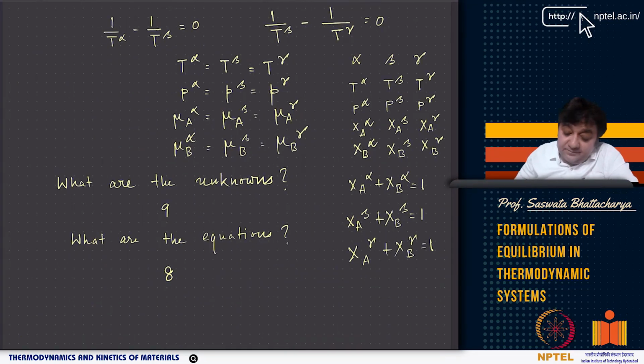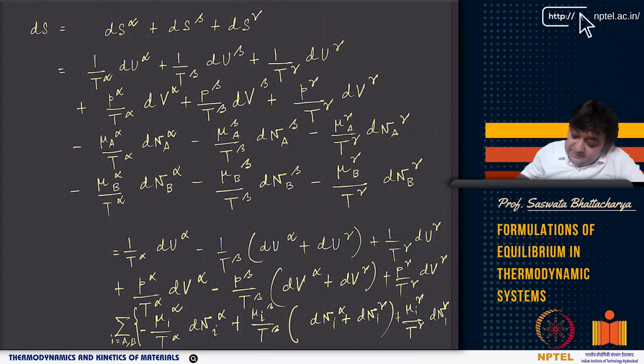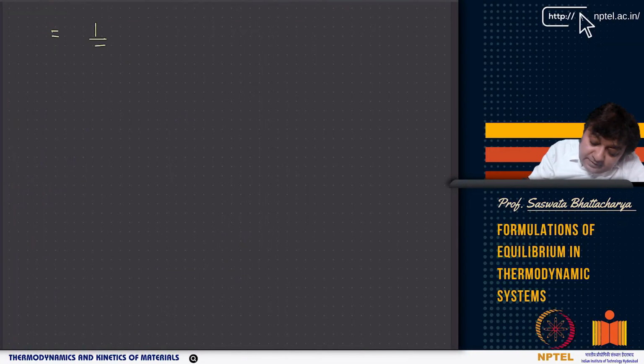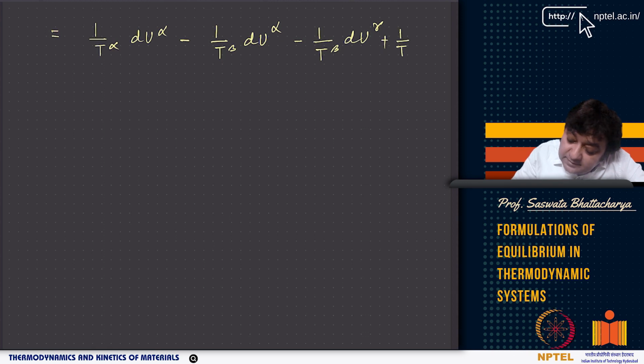So basically if I group them now, what I get is 1 by T alpha dU alpha minus 1 by T beta dU alpha, and you get minus 1 by T beta dU gamma plus 1 by T gamma dU gamma, right?